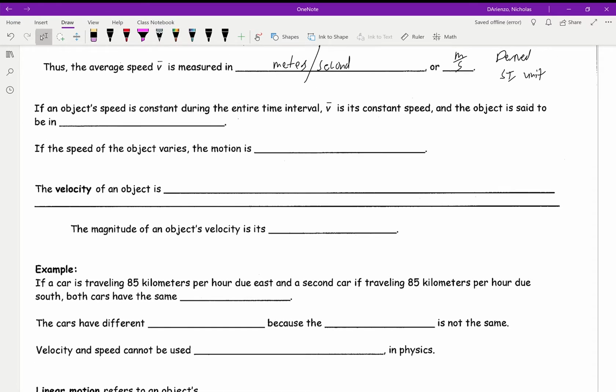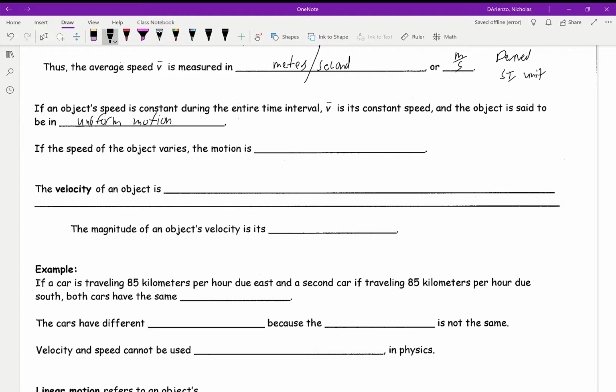So if an object's speed is constant during the entire time interval that we're calculating our speed, the object is said to be in what we call uniform motion. Meaning that the motion, if we were to graph it, looks consistent. We don't see something that is speeding up and slowing down.